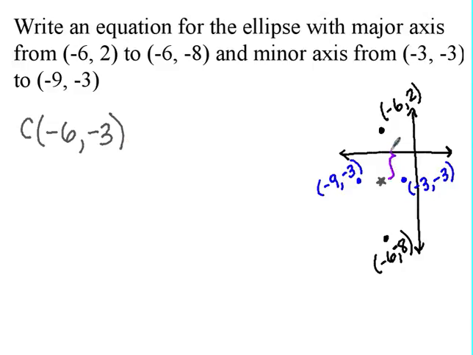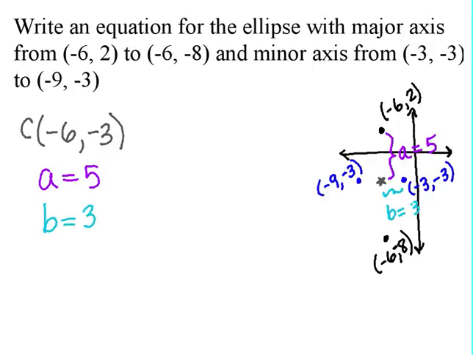What is this distance going to be? 5, and what does that equal? a. So I know a equals 5. Next, what does this equal? b, and what is that? 3.